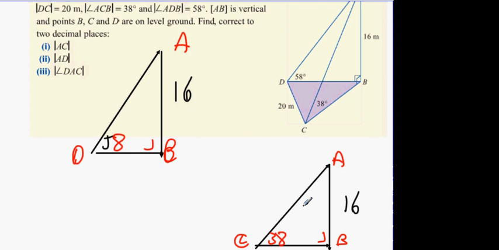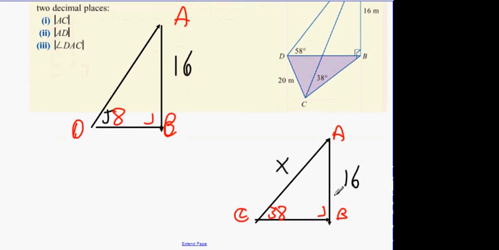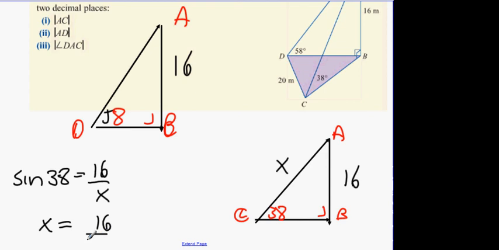Now, find AC. Let's call it X. We want the hypotenuse and we have the opposite. Sine 38 equals 16 over X. X therefore will equal 16 over sine 38.